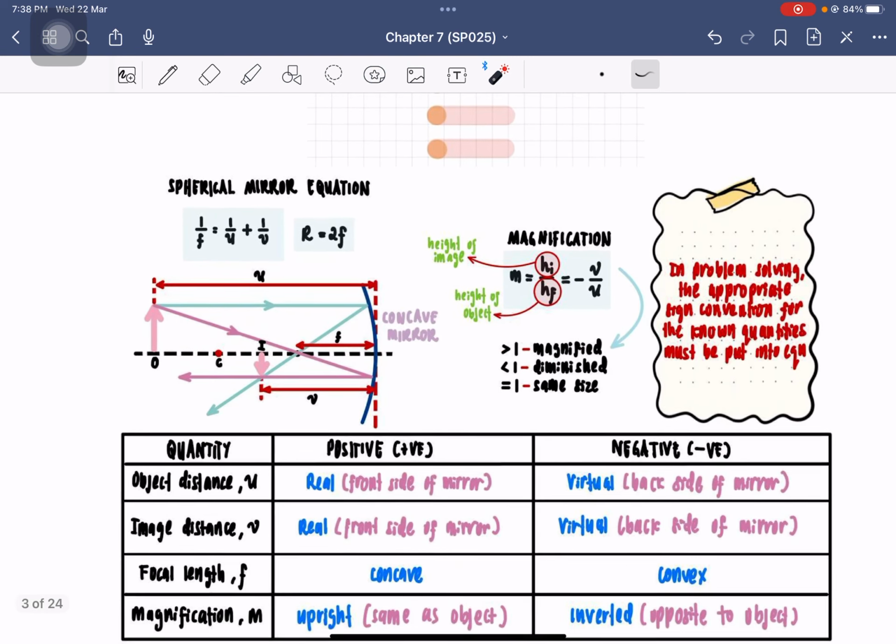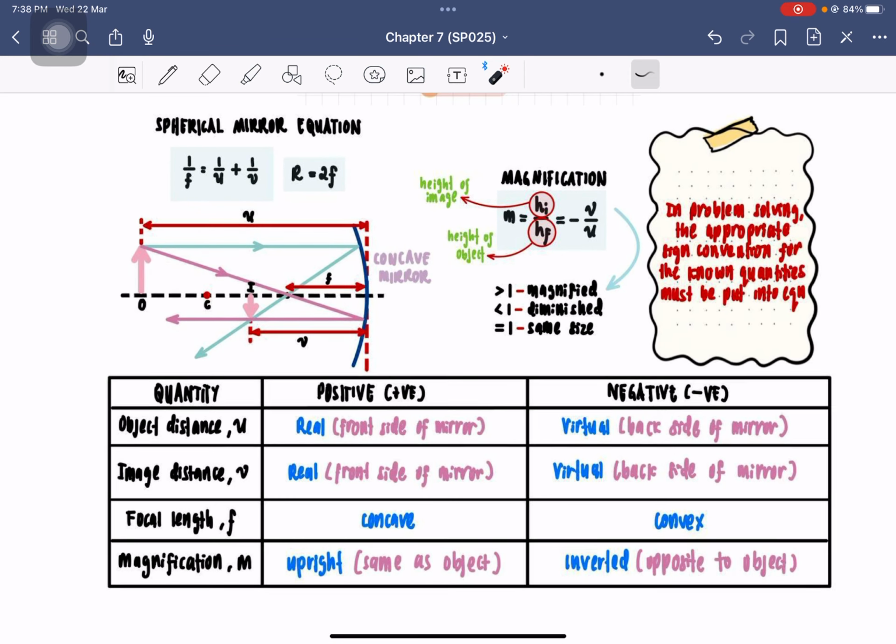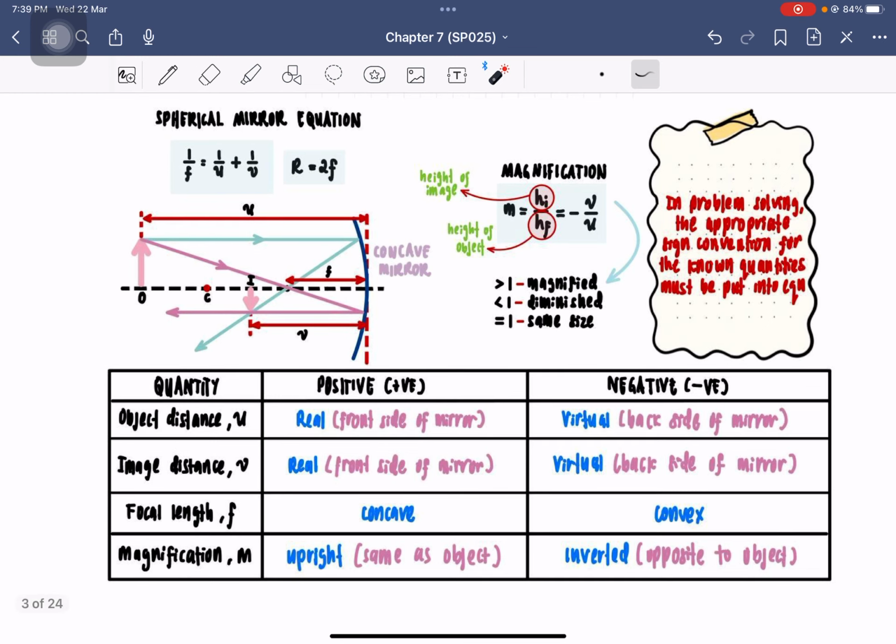Right, so let's look at the spherical mirror equation. These are the equations for mirrors. This one is for you to find the focal length or the object distance or the image distance. This is for the radius of curvature. Okay, so the image and object distance is the one that goes up till the pole. Did I define that in the previous one?